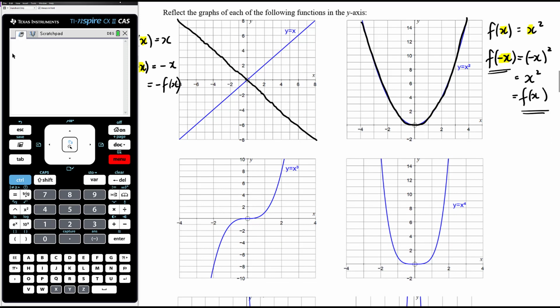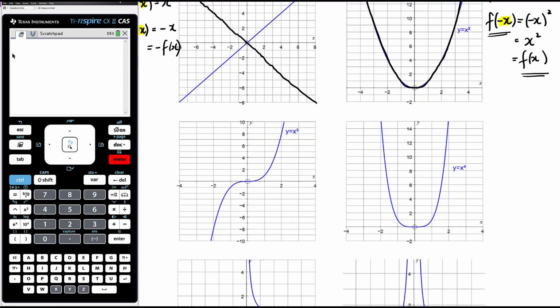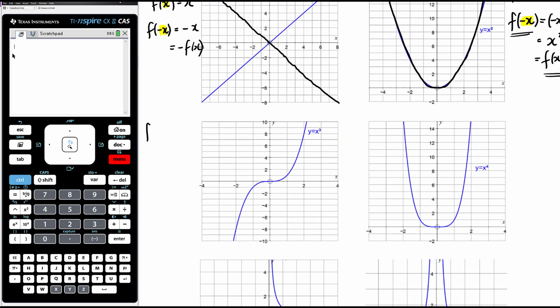If we think about the cubic shape, again, if we have f of x equals x cubed, then f of negative x is negative x all cubed. And if you've got negative x all cubed, it's negative x times negative x times negative x. So it's just negative x cubed, which is negative f of x, which is the same as the reflection in the x-axis.